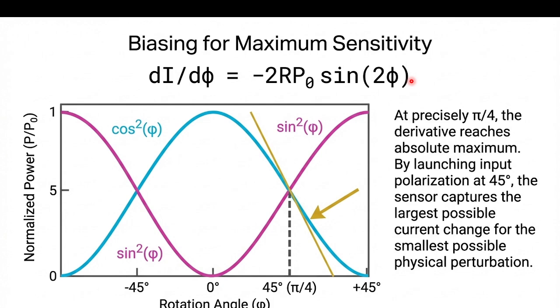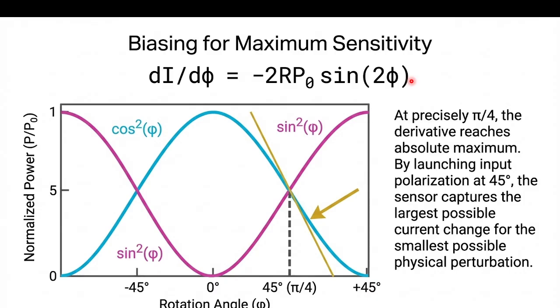Now there is a biasing for maximum sensitivity, and this is the equation: dI upon d phi is equal to minus 2 R P naught sine 2 phi, and the graphical representation of the spectra shows the normalized power P by P naught against the rotation angle.